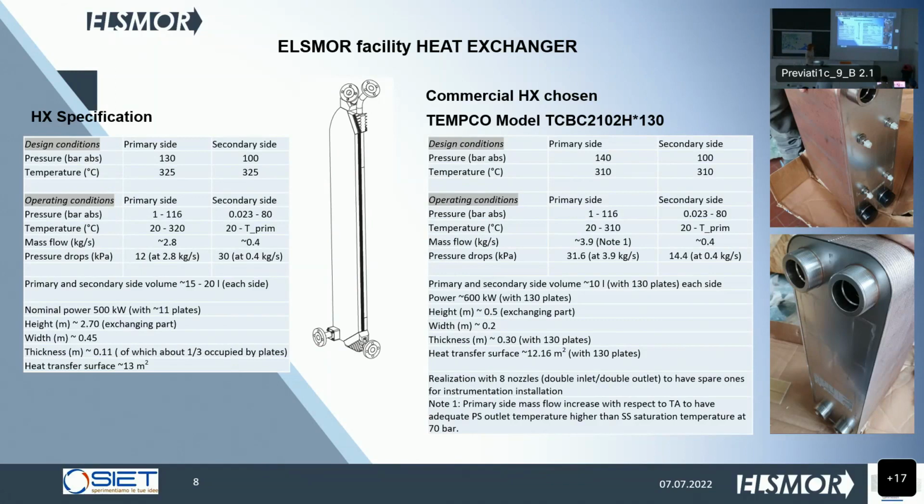It has 8 nozzles, 4 on the primary side and 4 on the other side, and we will use 2 of them for the loop to circulate water, and 2 of them to insert thermocouples or pressure taps inside, in order to have an adequate characterization, or hopefully as much as we can, of this component, because we bought it from the market and the manufacturer didn't give us the real characteristics of the component. But we will investigate on the testing side.